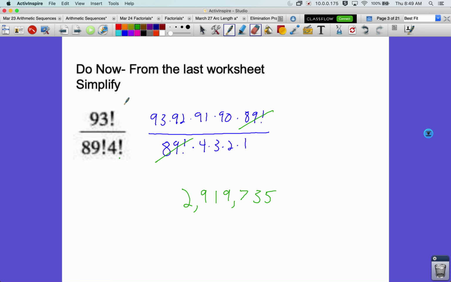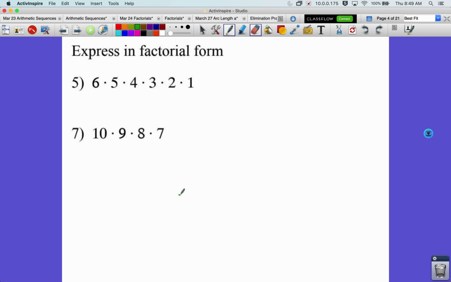Now, if you tried to plug this directly into your calculator, it wouldn't work because 93 factorial is actually too big for your calculators to do. It's only after we simplify it that we're able to get a number that we can actually get out of our calculator.